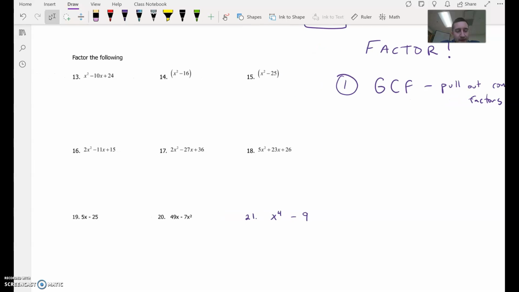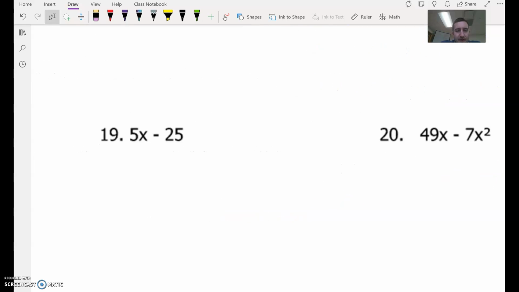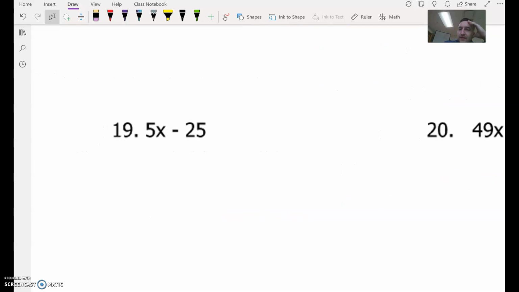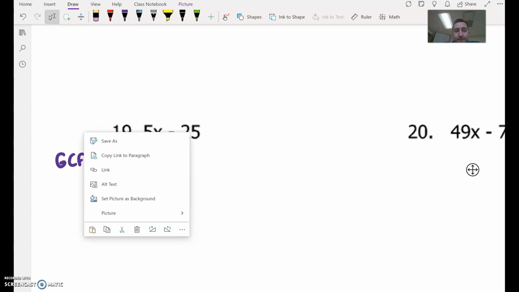Here's what I mean. Number 19 is about as simple as it gets. There are 2 terms there, 5x minus 25. The first question you have to ask yourself every single time on one of these problems is, is there a GCF? And there is.